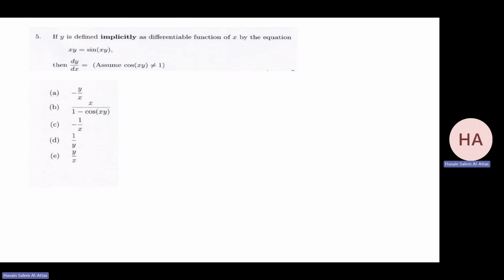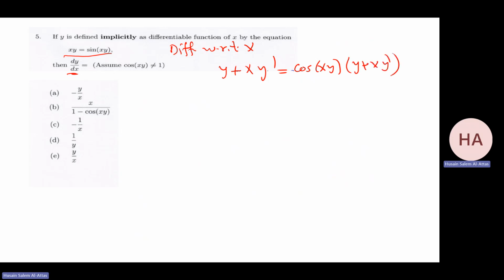If y is defined implicitly by this function, find dy/dx. Just differentiate with respect to x. What you have, xy, that will be y plus xy prime equals cosine xy times (y plus xy prime).